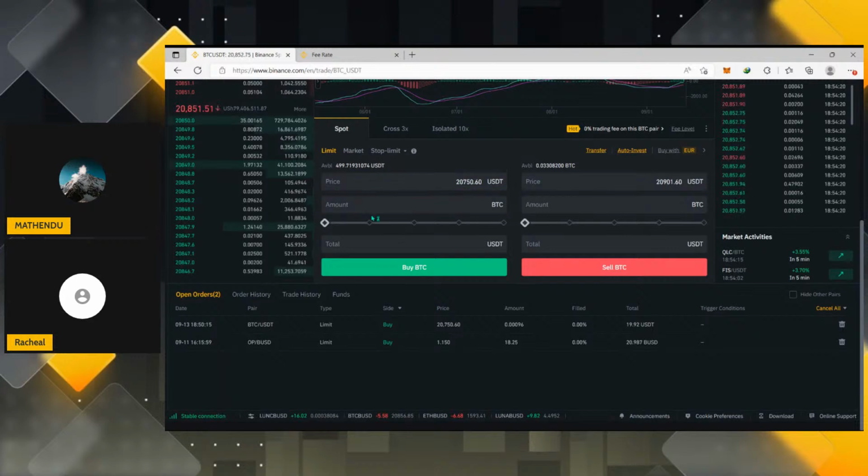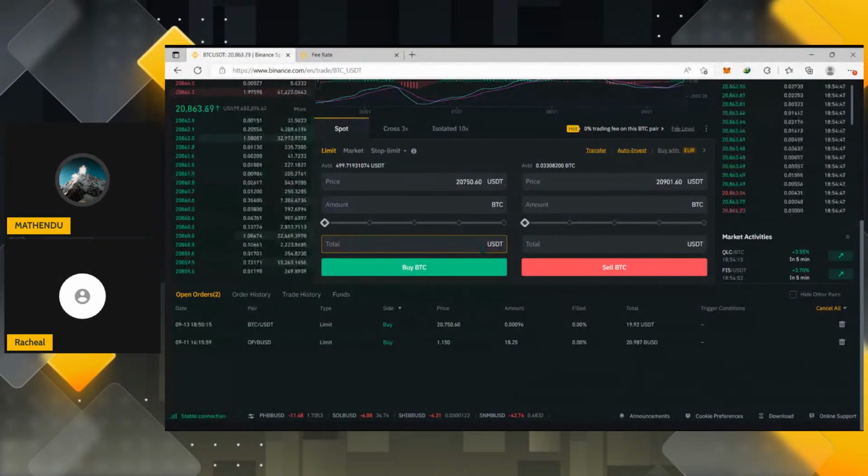All right. So let me see. Is there a minimum amount that you are able to convert on Binance? Yes, it depends on your region, but for most regions it is about $10. I think in Kenya it is about $20.